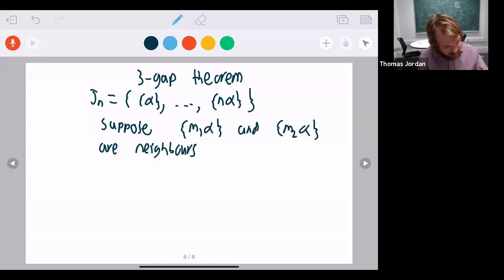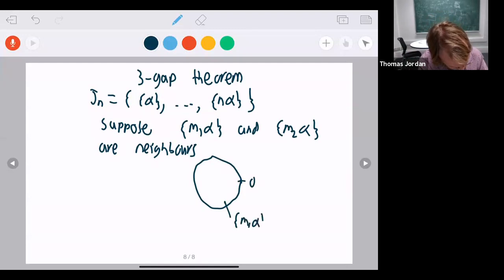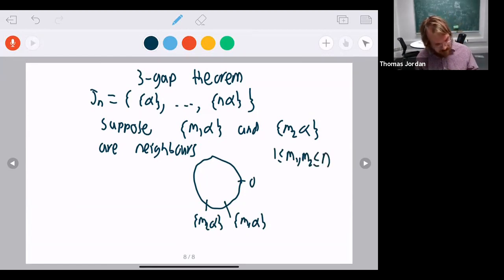So there's no points in the set between them. So if we go around the circle from 0, say m1 alpha is here and m2 alpha is there, and they're neighboring points, so there's no other point in the set between the two, and m1 and m2 are less than or equal to n. So the gap between these will be one of the gaps.